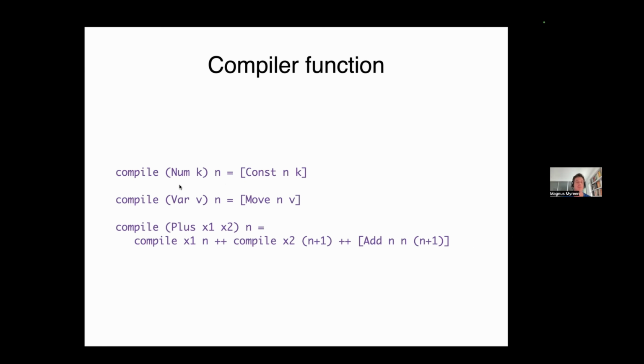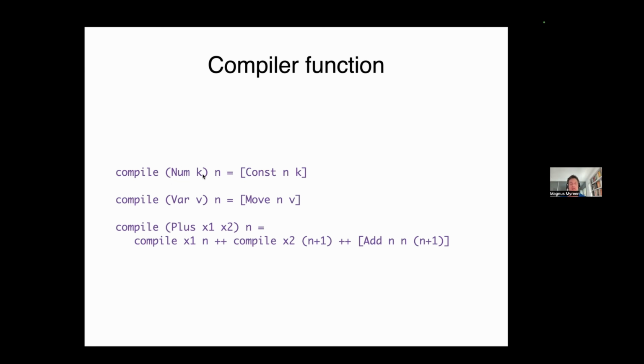Okay, so this is the compiler function we'll verify. The contract is this: given an expression to compile in the first argument, the compiler will generate some code such that it stores the result in register n. And registers, now, I called them name in the previous, but name is just a synonym for natural numbers as well. So it's obvious how to compile this.